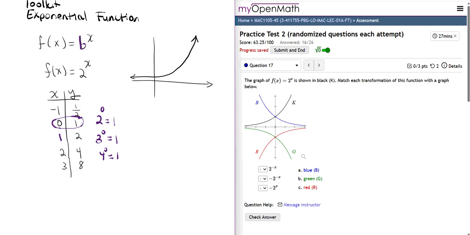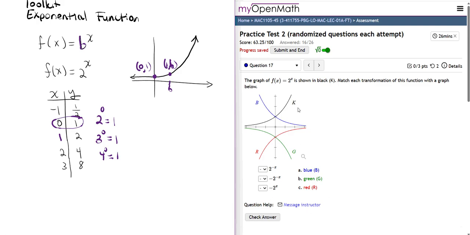So key points will always be 0 comma 1, and then 1 comma the base. So those two key points are usually enough to help you figure out transformations or translations of your given function.